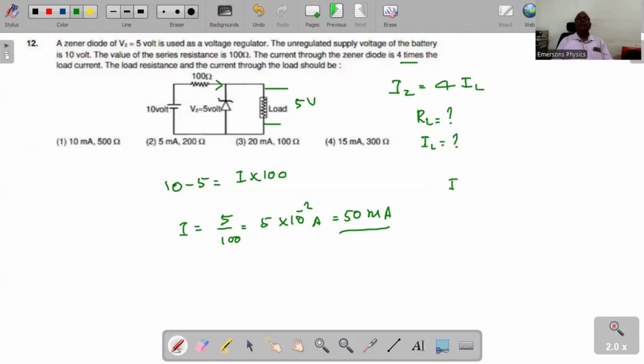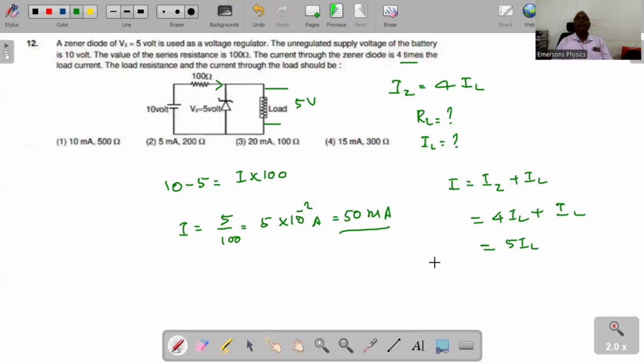We know total current will be equal to current through the Zener plus current through the load resistance. Already it's given Zener is 4 IL, plus load current IL, totally 5 IL. We can substitute this value here.